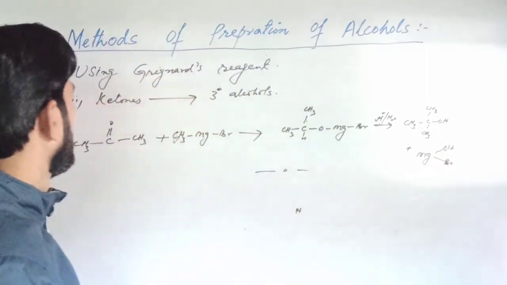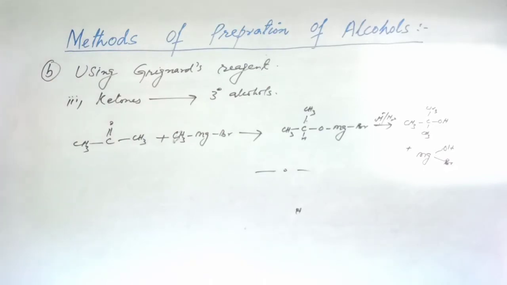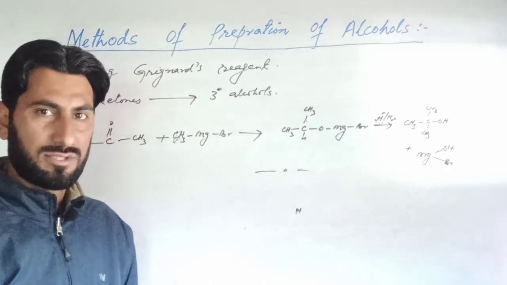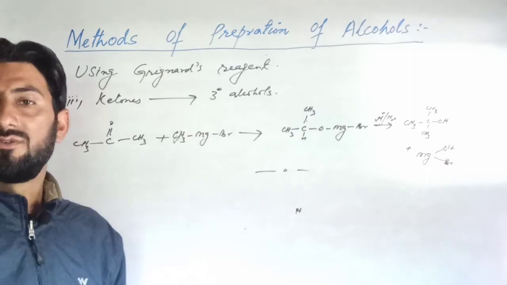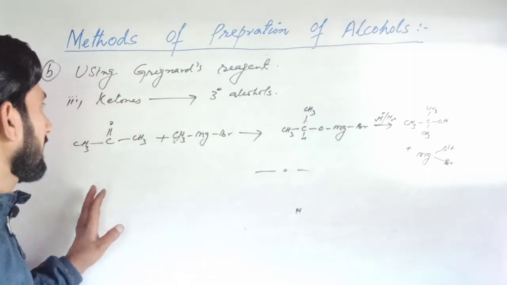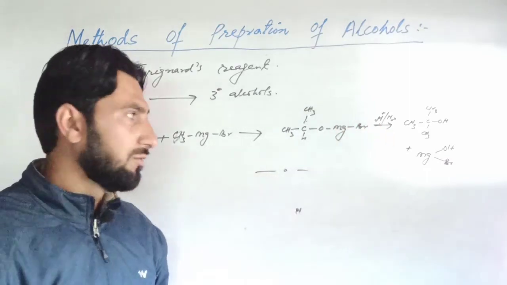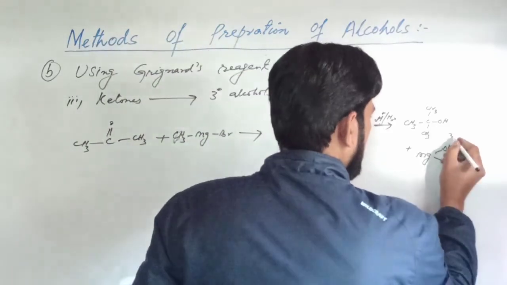Thus, by using Grignard reagents, all aldehydes give secondary alcohol except formaldehyde, which gives primary alcohol, and all ketones give tertiary alcohol as the main product.